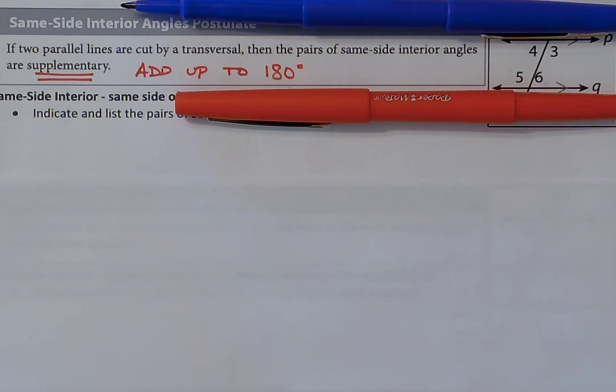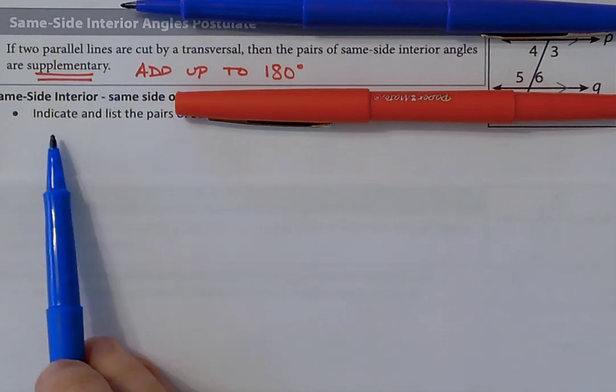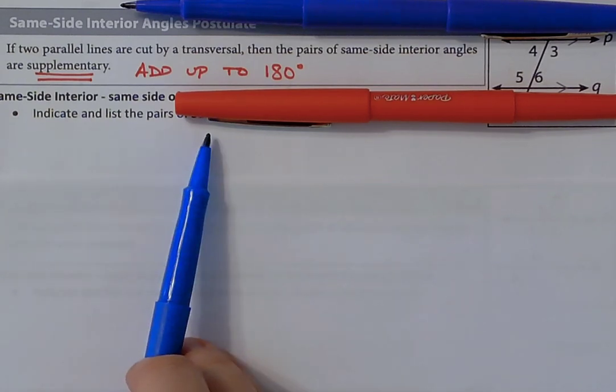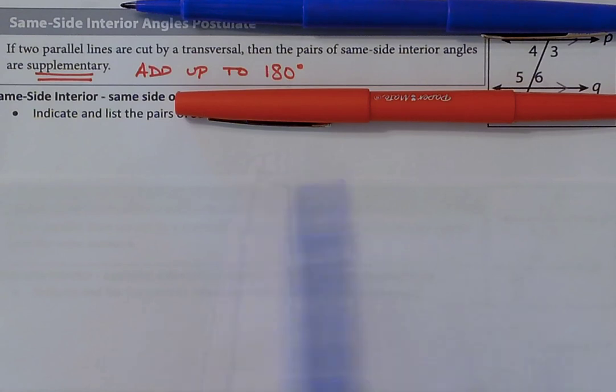Now, I need to indicate and list the pair of same side interior angles. So they're in between the parallel lines, so that would be 4, 5, 3, and 6. And then they need to be on the same side of the transversal. So that would be angles 4 and 5, and then angles 3 and 6.